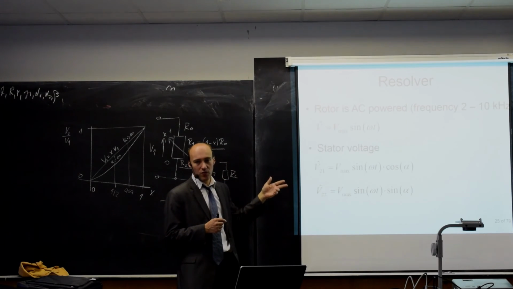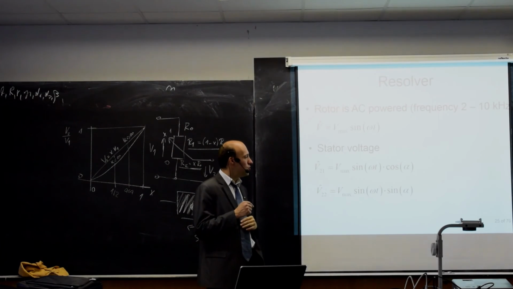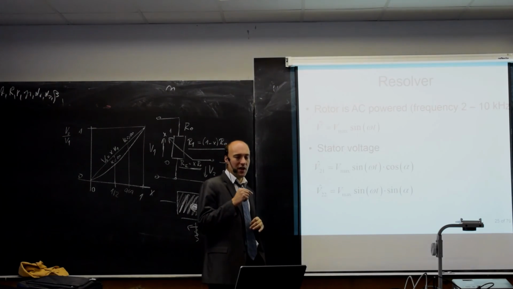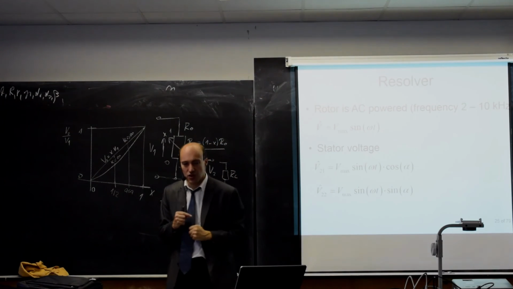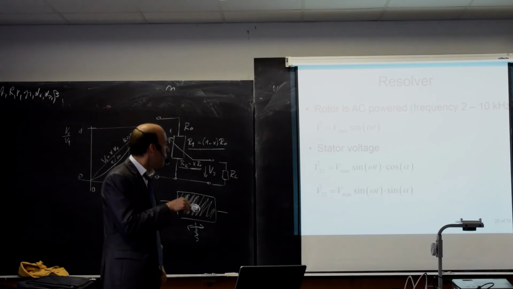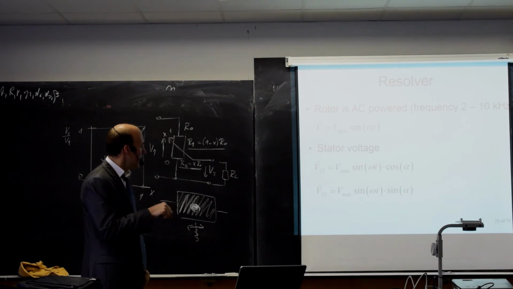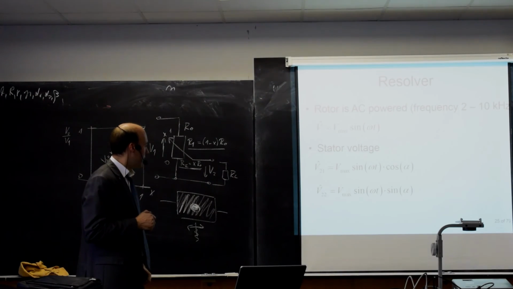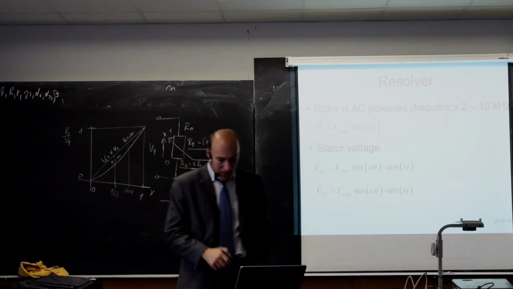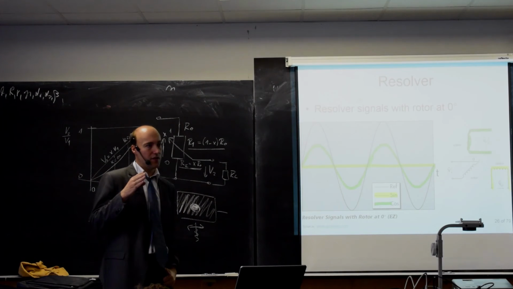But we need to measure both, because if we would look only at one of them, we would not be able to measure within one entire revolution. You will see that on the next charts. On one winding, the voltage will be a cosine function, and on the other winding, the voltage will be a sine function. Now, let's take a look at the resolver signals for some positions.